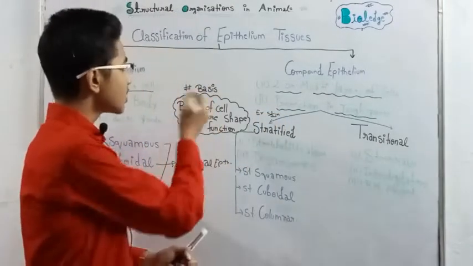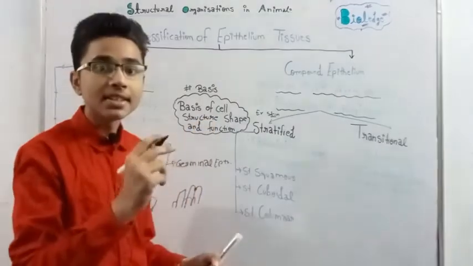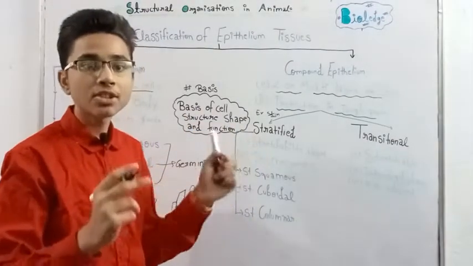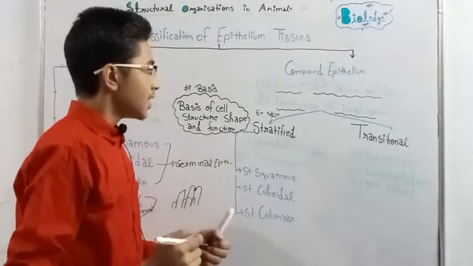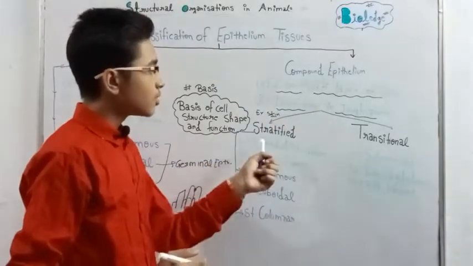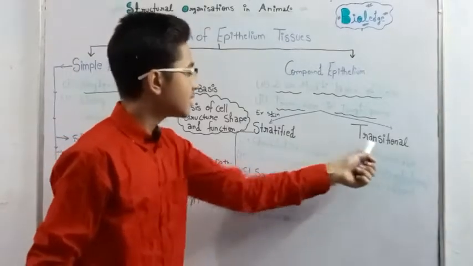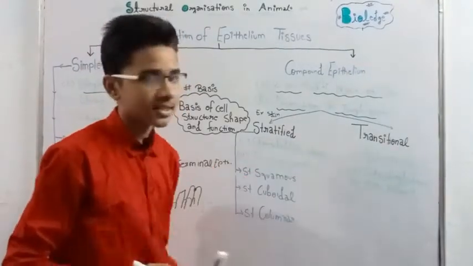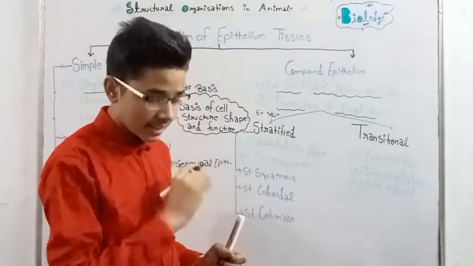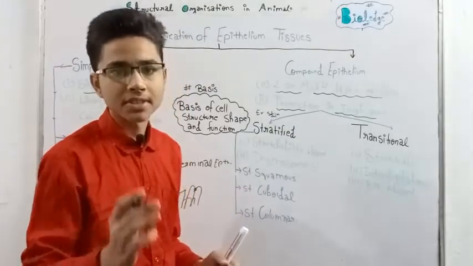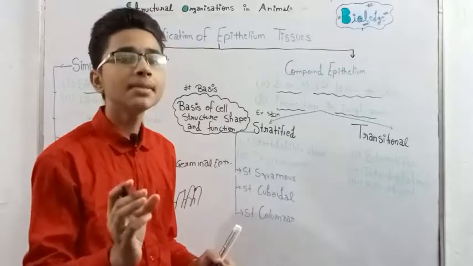This is a very important point, that we have classified these epitheliums on the basis of their structure, function and shape of the cells. Now the compound epithelium is also classified in two ways: the stratified and the transitional. In the stratified, there is no possibility of stretching. That means stretchability is absent.